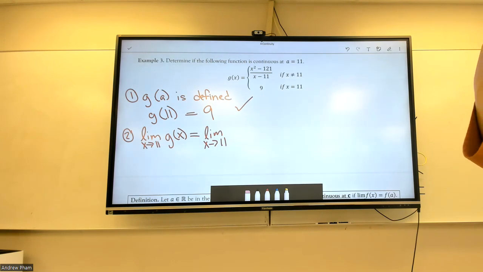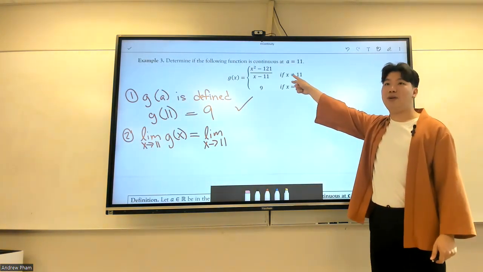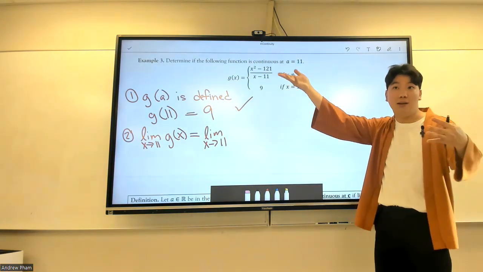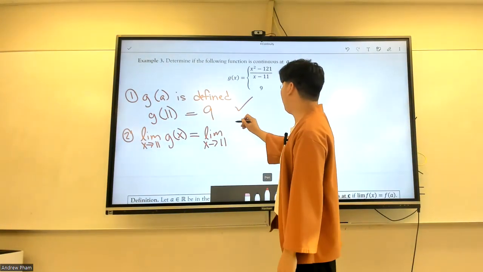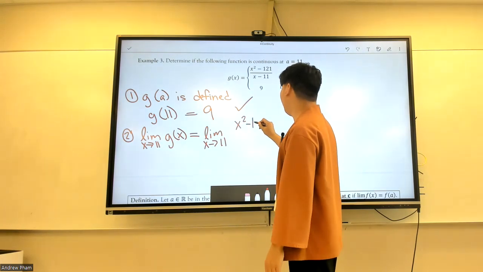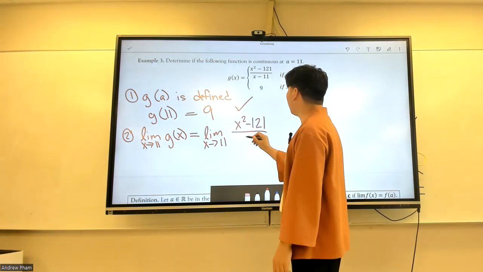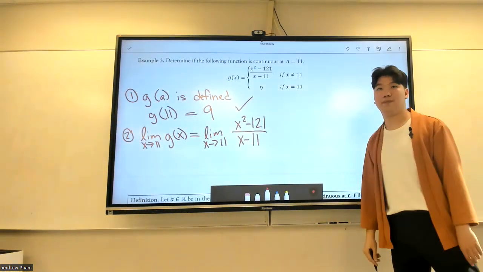We don't necessarily say the limit when x is 11. We're saying whenever we're close to 11. Well, if we're close to 11, then I'm using this top one. I'm not equal to 11. I'm just really close to it. So if I want, I can fill this in and say that really we're taking the limit of the top expression, x squared minus 121 over x minus 11.